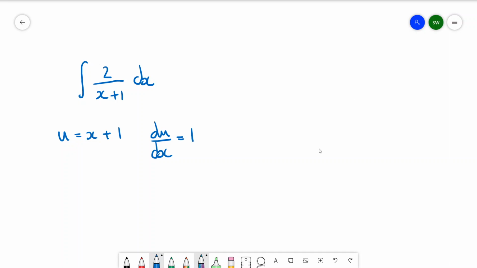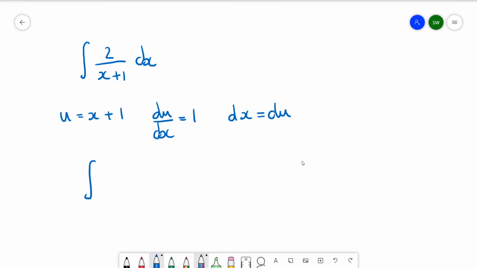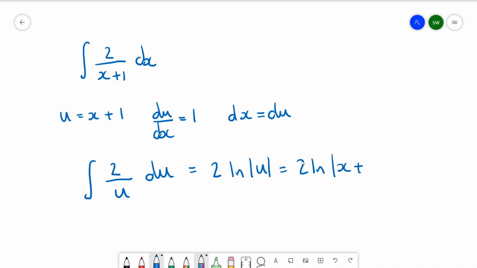So that tells us that dx is equal to du. So our integral would become the integral of 2 over u, and then we can replace dx with du. So that would just be 2 natural log of u. But u is equal to x plus 1, so we get 2 natural log of x plus 1.